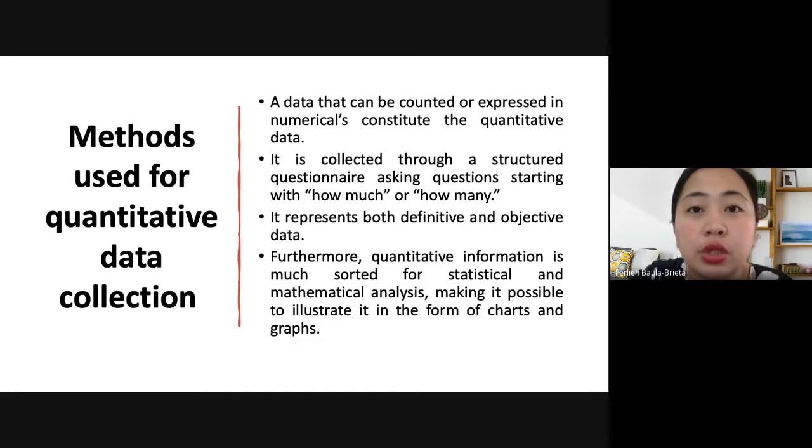In your research instrument, if you are going to collect quantitative data, try to evaluate if the questions you will ask your respondents will represent definitive and objective results. Furthermore, quantitative information is much suited for statistical and mathematical analysis, making it possible to illustrate it in the form of charts and graphs.